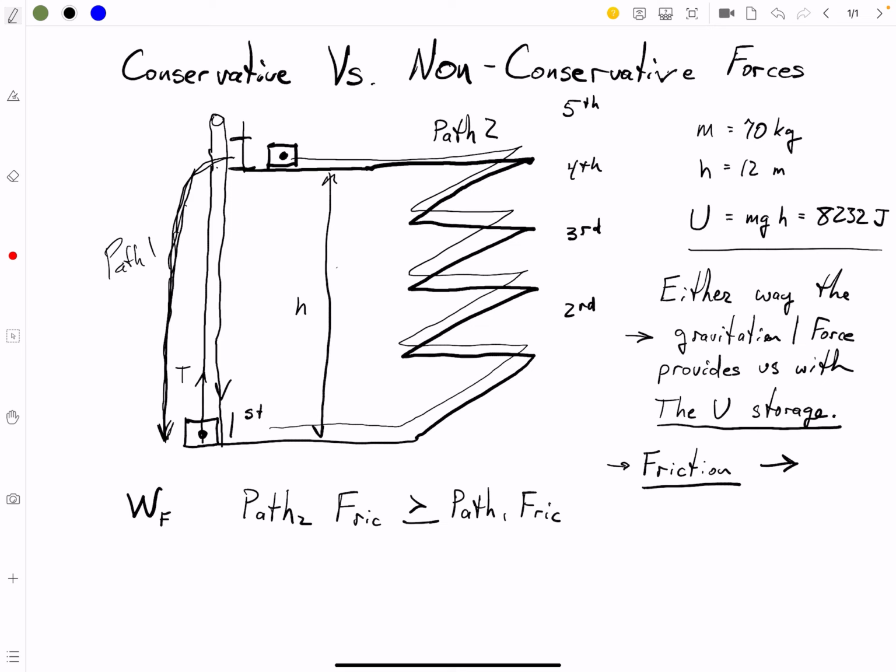It's never usable again. So the work of friction energy disappears from our mechanical energy, and lowers our total mechanical energy.